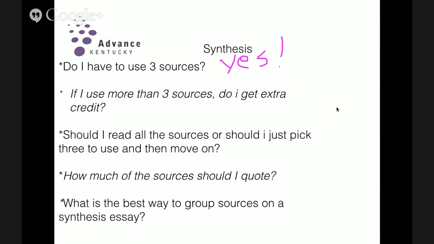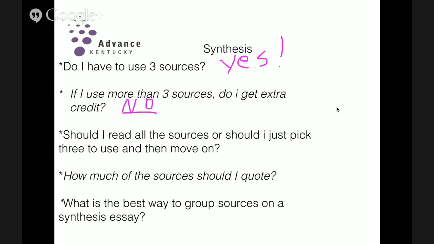But then, if I use more than 3 sources, do I get extra credit? The answer to that is no, not necessarily. You don't get bonus points for using extra sources. You must use 3, but you don't have to use any more than that. You can write a very good essay with only 3 sources. Now, that's not to say that you can't use more.